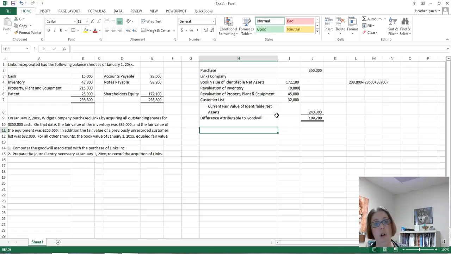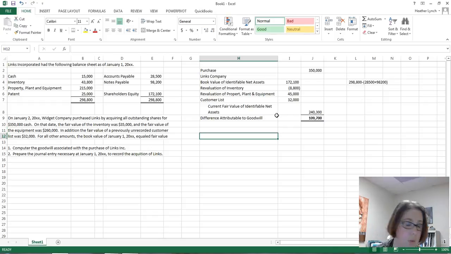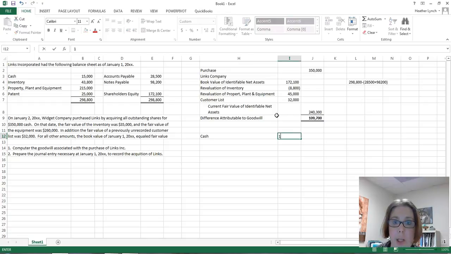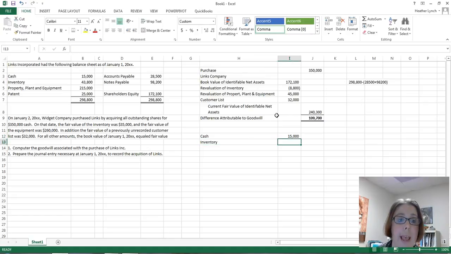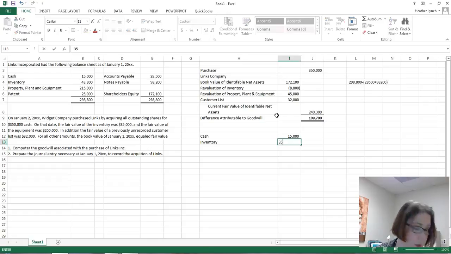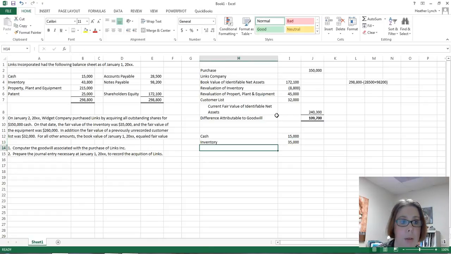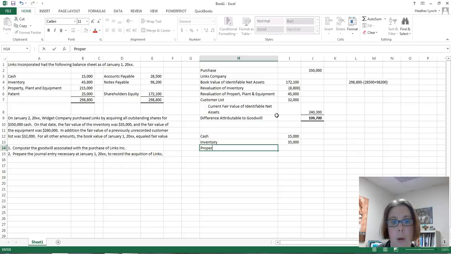So we need to do the journal entries because Widget Company has purchased all of these assets, the liabilities, and the shareholders' equity from Links. We need to acquire cash of $15,000. We're going to record the inventory at the fair value of $35,000.